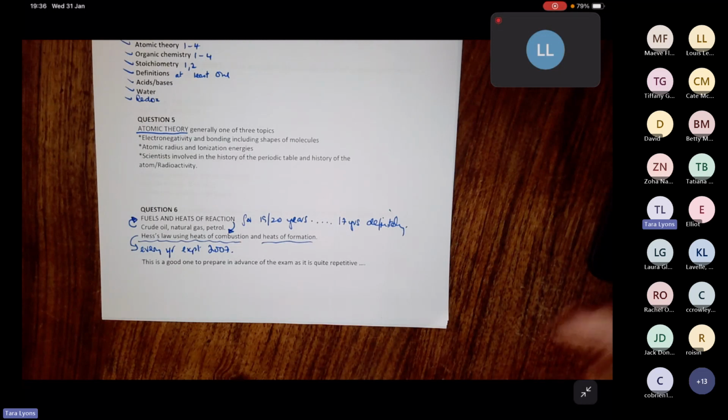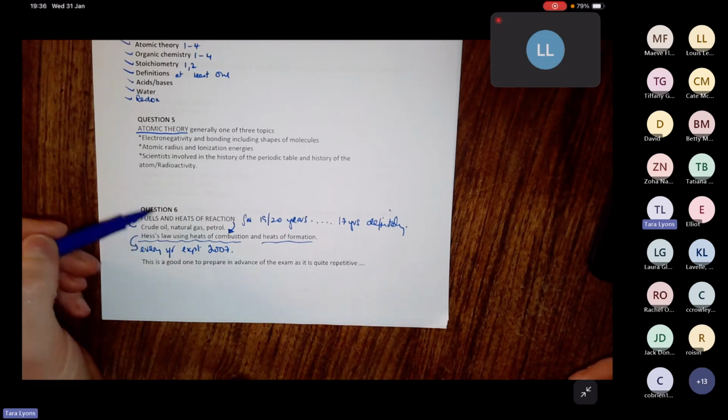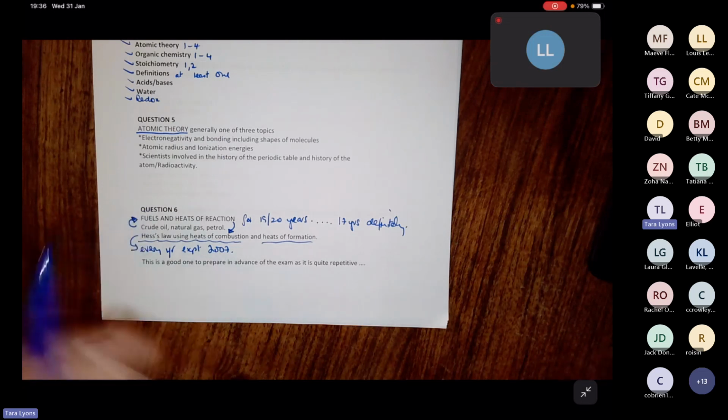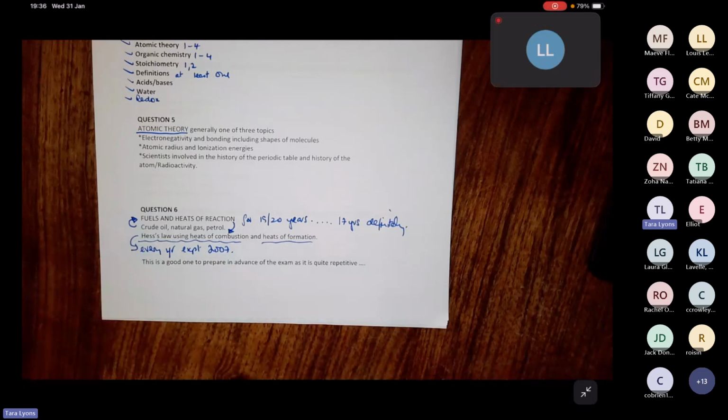If you go through about 6 or 7 question 6s, you're going to see the same material begin to repeat itself. And it's also one where, in order to get a whole question, you have very little material to prepare.